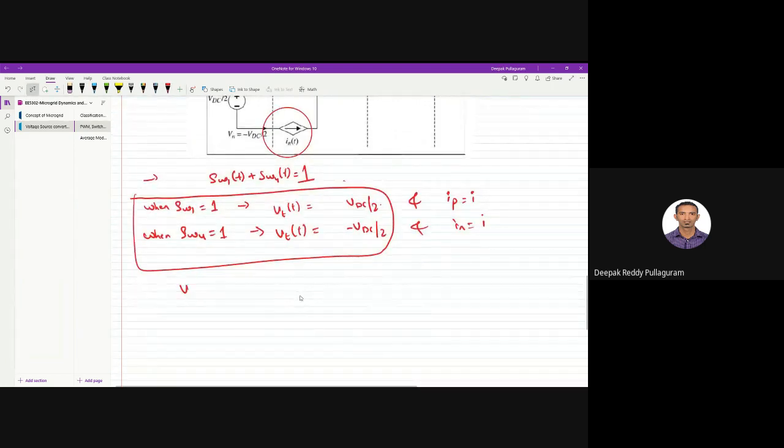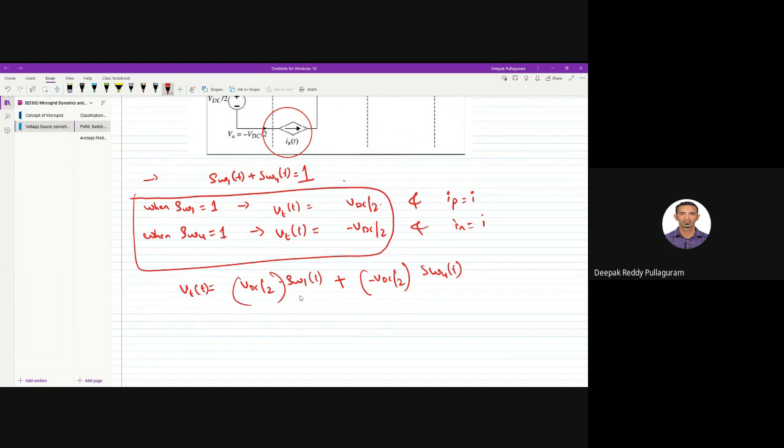I can say that VT is nothing but VDC by 2 into SW1 of t plus minus VDC by 2 into SW4 of t.